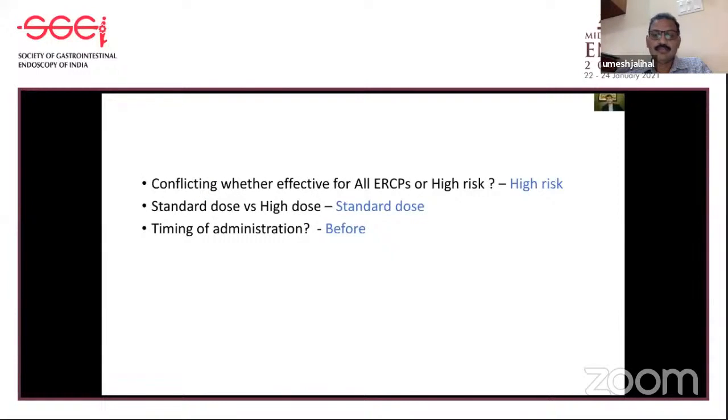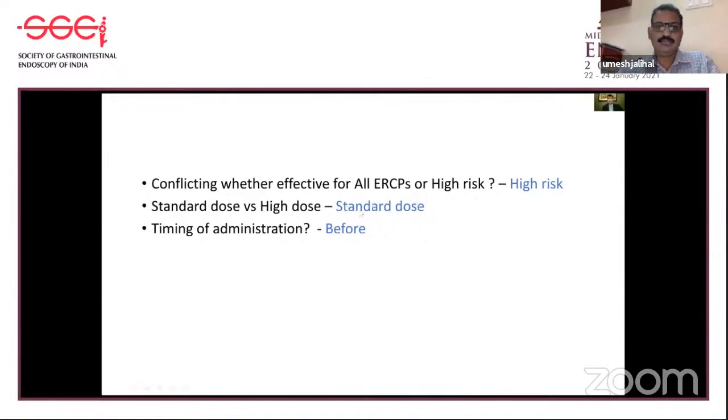So you might start off with a low-risk patient for your pre-procedure, but whatever you're doing procedurally might put the patient at higher risk. So you can still administer rectal indomethacin during or after the procedure. And I think the standard dose, which is 100 milligrams of rectal indomethacin, is efficacious.